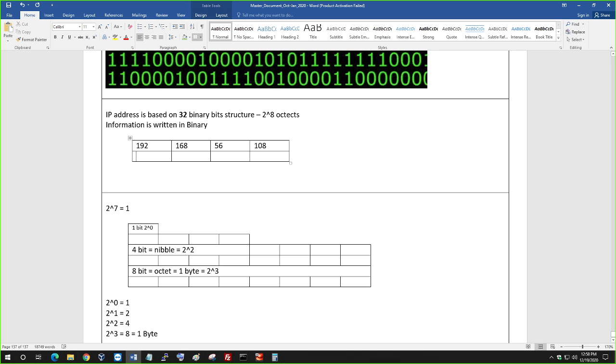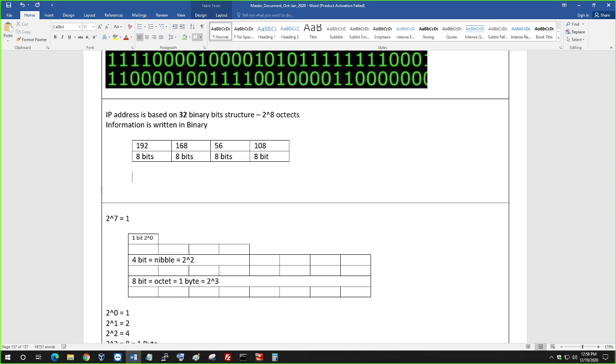Okay, so this is 8 bits, 8 bits, 8 bits, 8 bits. So total equals 32 bits.